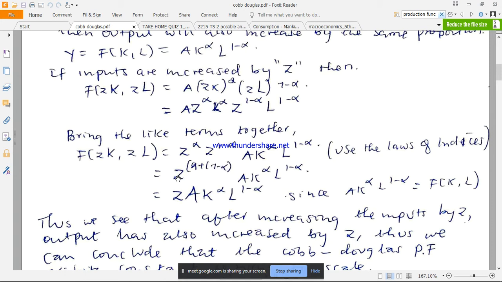So this is more like Z raised to the power 1, because we are mathematicians. We know that what we have here is just a 1. So Z raised to the power 1 times everything, it will be Z A, where A is technology, K capital alpha, then L 1 less alpha.